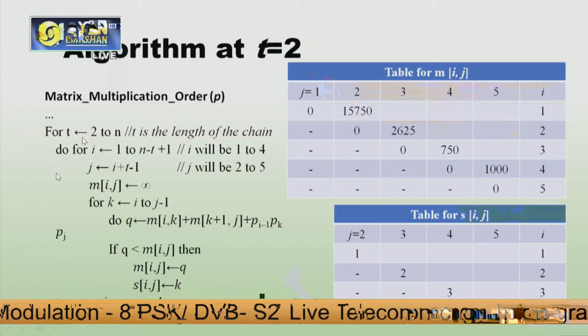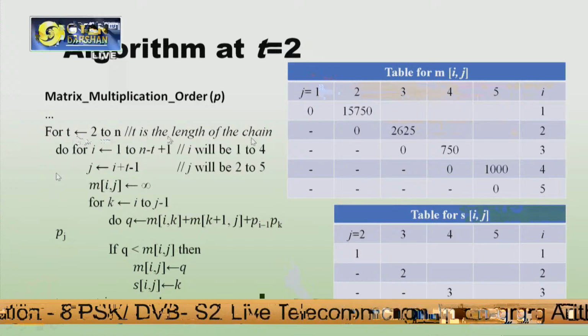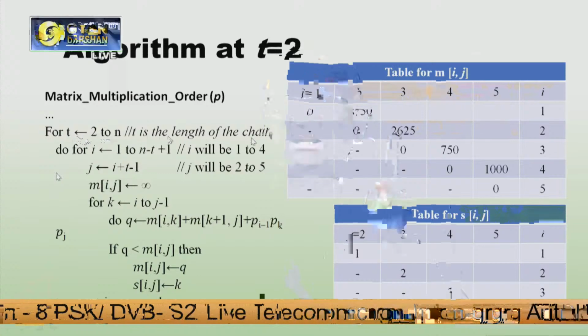T basically is the length of the chain, and the minimum length of the chain is going to be 2. After all, this is binary multiplication. So we are going to start with the length of 2, then go to lengths 3, 4. Since we are dealing with 5 matrices in the chain, ultimately 5 is going to be the maximum.